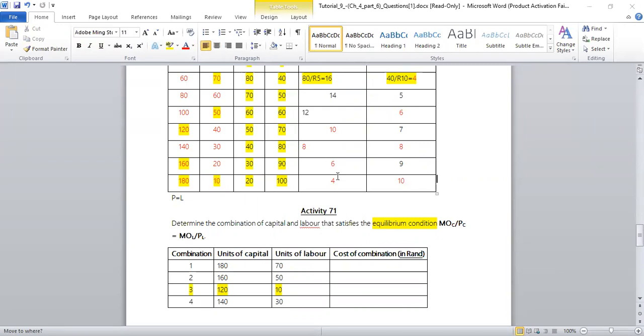So even here, 8, you are taking the unit of capital. How many units of capital? 140. It's copy and paste, guys. How many units of labor here? 8. Then we are done. Do you understand?